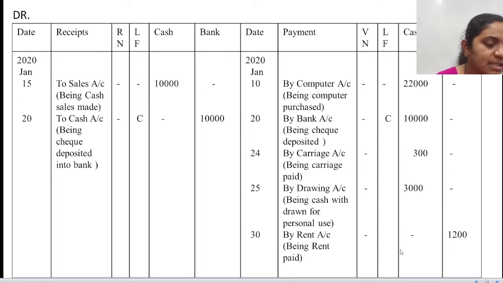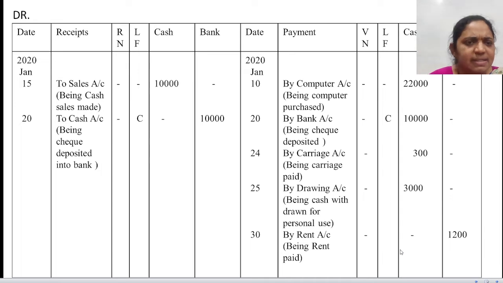Afterward, the next is date 15. It is said, sold goods to Rakesh and company and received a bearer check. What you did? You have sold the goods, and you have received a bearer check of 10,000.